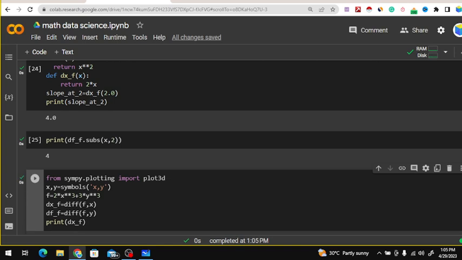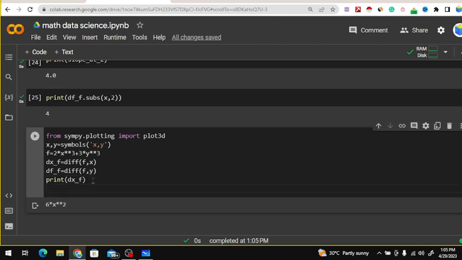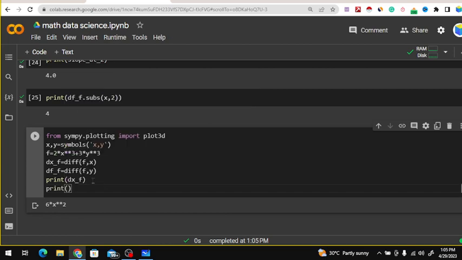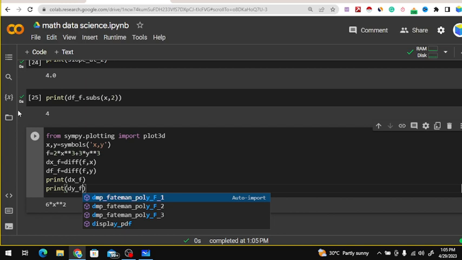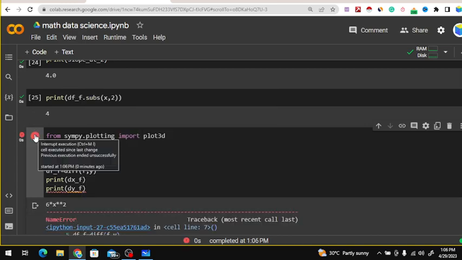So it has been printed. Similarly, if I want to print the other one, print dy underscore f. So you can see the other one here. And now I want to plot these functions. Okay, I have gotten some problem.